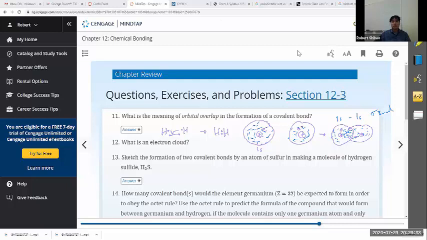So do you see this? Let's see if we can look at that transparent. It kind of looks like this. Here's the 1s orbital, but this is actually a molecular orbital. This is what we call an anti-bonding orbital.